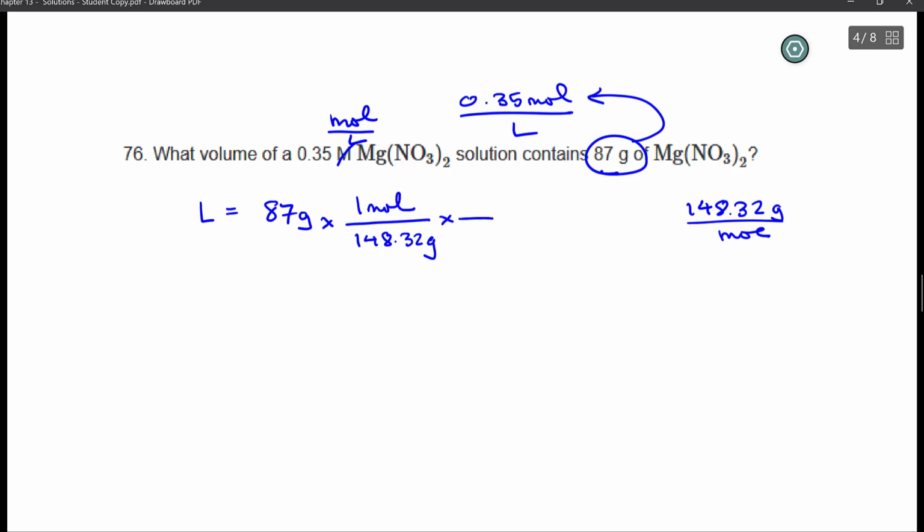That gets rid of the grams. Now I have to get rid of moles, so I'll say 0.35 moles per liter. The moles will cancel, and that'll give me the volume of solution that I'll need. This comes out to be 1.67 liters. Now there's only 2 sig figs in here and only 2 sig figs here, so this will round to 1.7 liters.